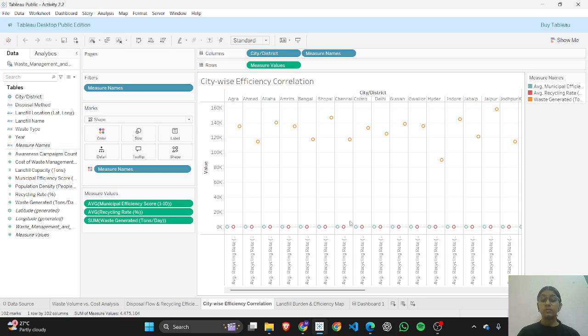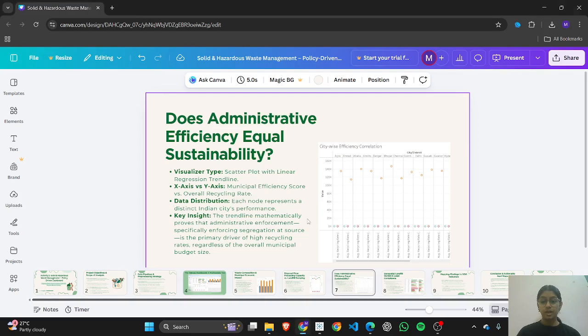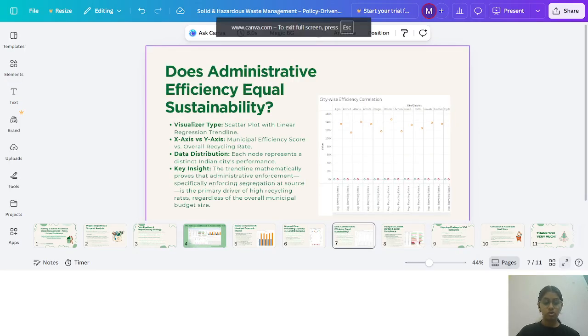This is how their recycling rates are. For this, I have chosen measures such as municipal efficiency score, recycling rate, and waste generated in tons.